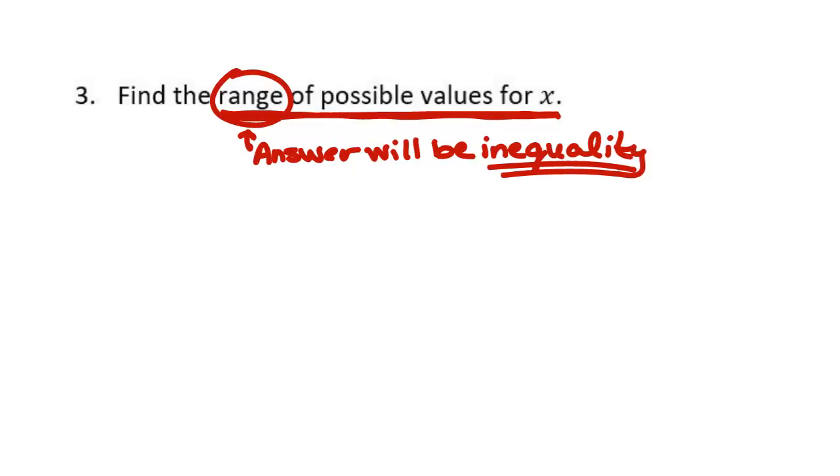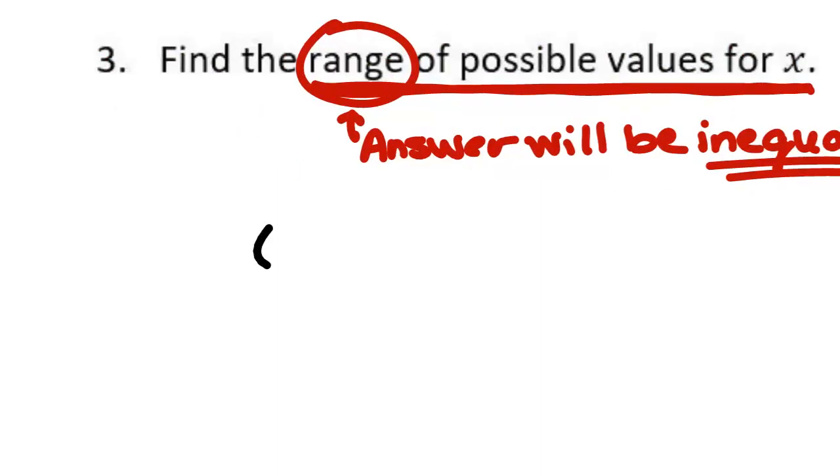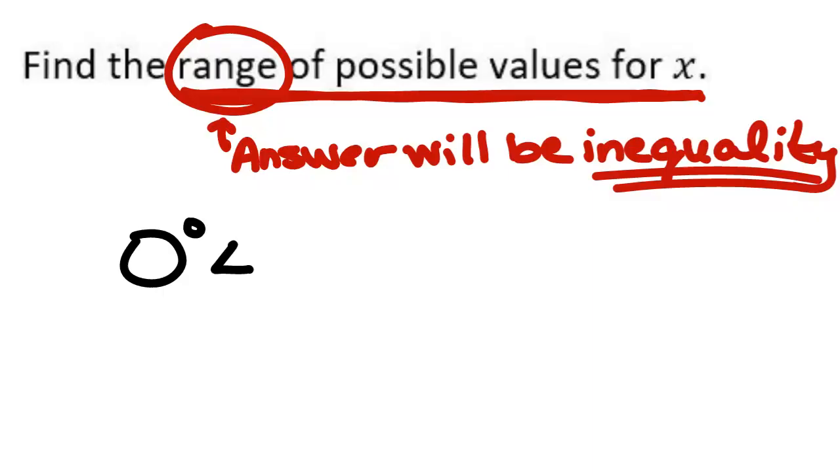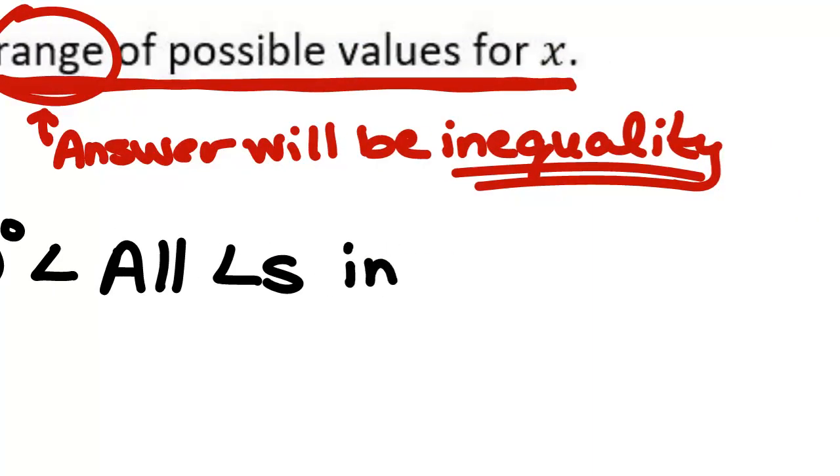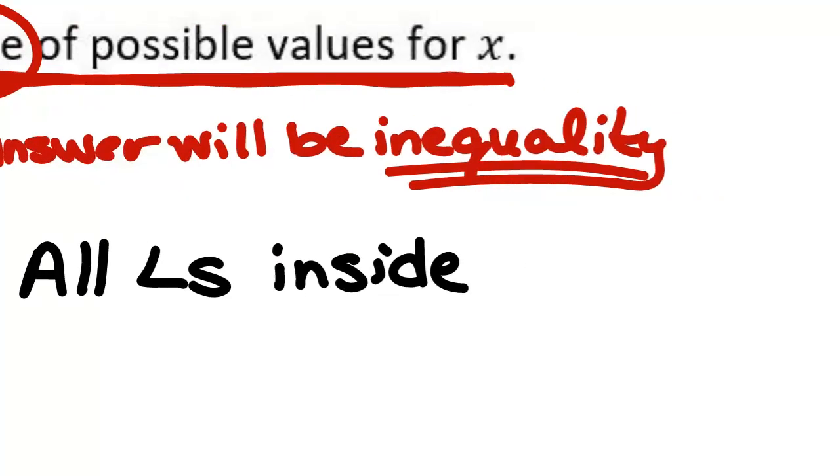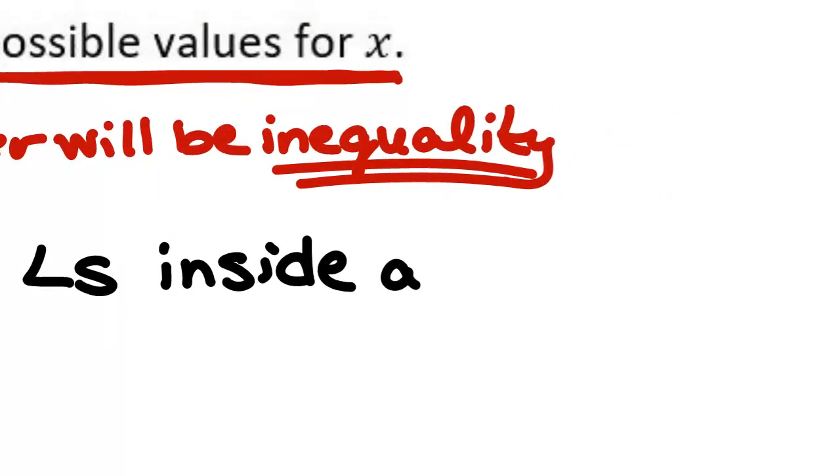When I'm thinking about a range of values for angles, can we have angles with negative measurements? No. So 0 degrees is definitely the smallest. All angles inside a triangle have to be bigger than 0, but they all have to be smaller than what?